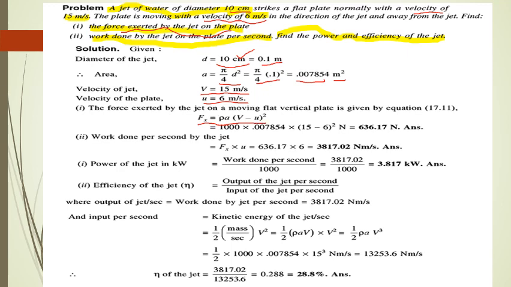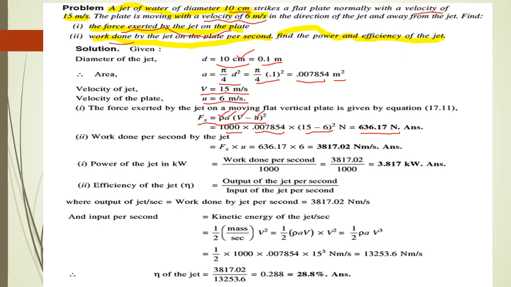For water, rho value is 1000 kg per meter cube. Substituting all the values, 1000 into area 0.007854 into 15 minus 6 whole square. We get Fx equal to 636.17 newtons.